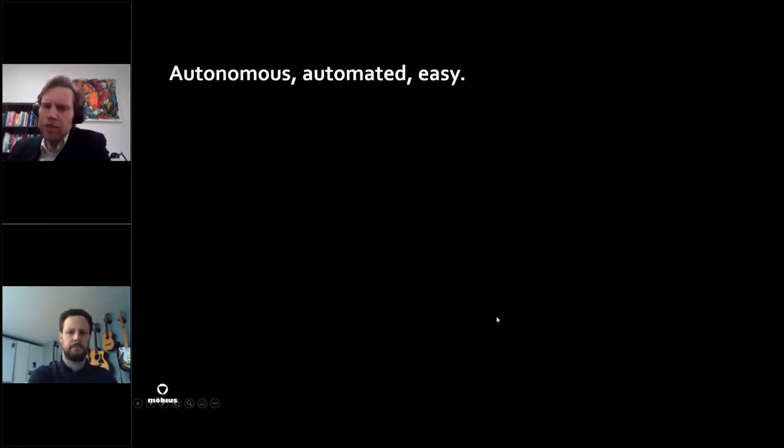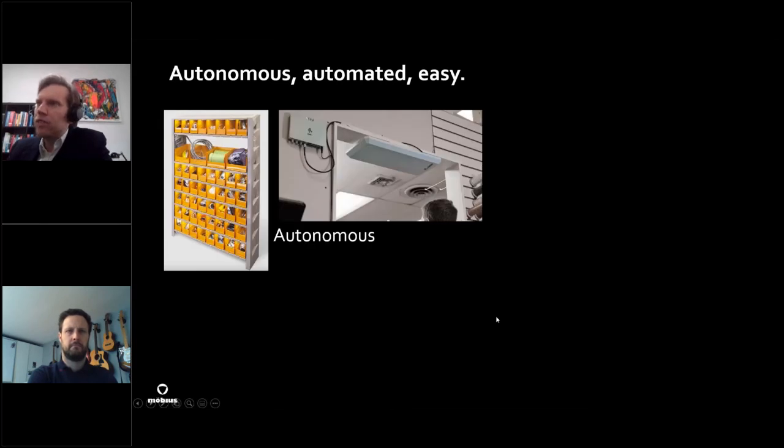The first leverage we have there, more and more, is making systems almost autonomous. Make it in such a way that people don't even have to think about the process, but the process runs for itself.